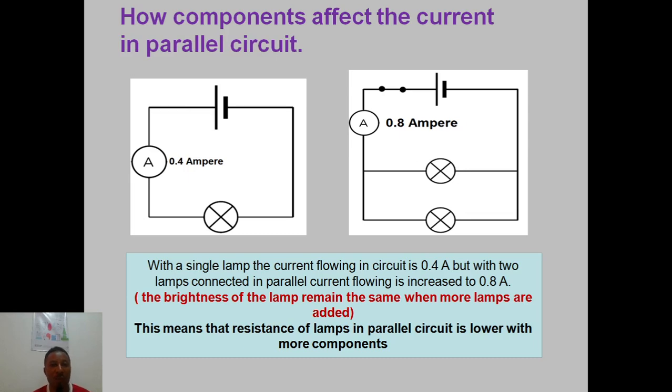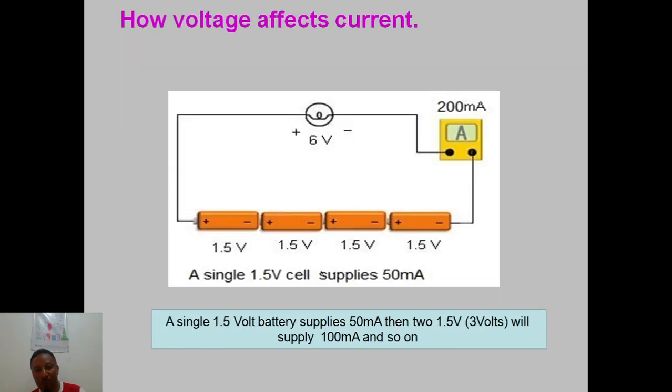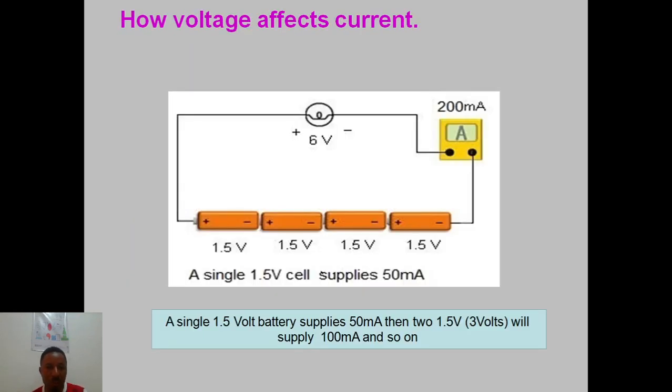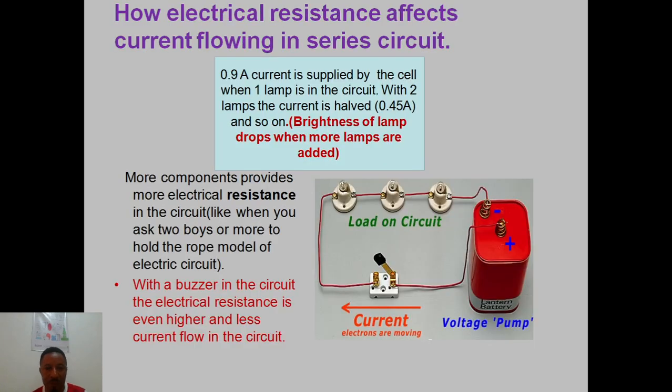How components affect current in a parallel circuit. Now we've discussed this for series arrangement. We can come to a conclusion here that in a series arrangement, when the electric resistance is increased because the components are increased, the current flowing will decrease.